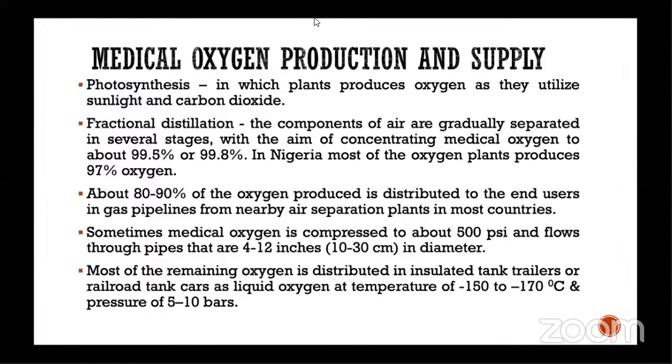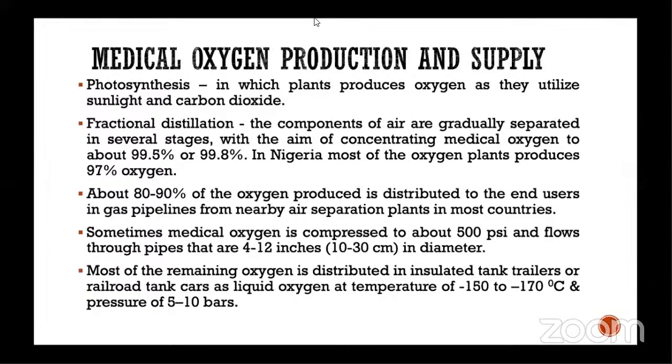Of the oxygen produced, about 80 to 90% is distributed to the end user through a gas pipeline from a nearby air separation plant. For it to move through this pipeline, it is compressed to a pressure of about 500 pounds per square inch through a pipe that is about 10 to 30 centimeters in diameter.